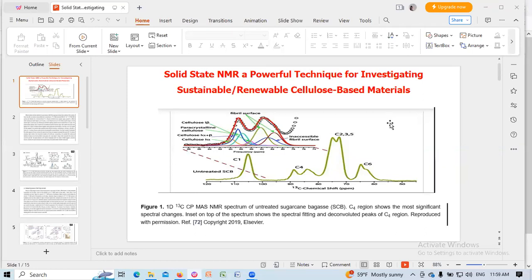The crystalline region possessing narrow fitting and sharpness corresponds to alpha at 90 ppm, beta at 86 ppm, a mixture of alpha and beta at 89 ppm crystal structure, and 88 ppm paracrystalline cellulose.